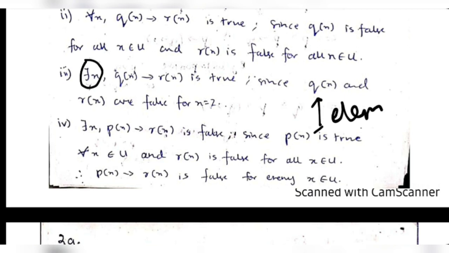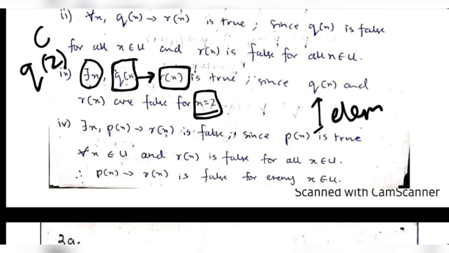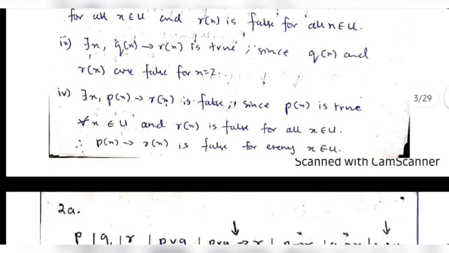Okay, means at least one x we have to find in which Q of x conditional R of x is true. So we can take value 2 in the place of x. So what is Q of 2? Q of 2 is false, right? So it will be 0, and R of 2 will also be false. So we get 0 conditional 0, which is true. Okay, so this statement is true here.